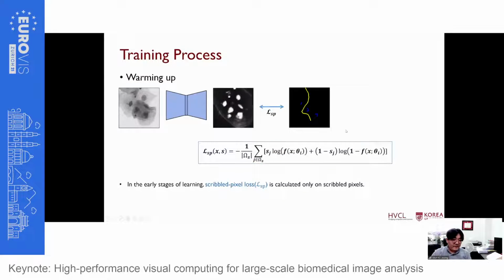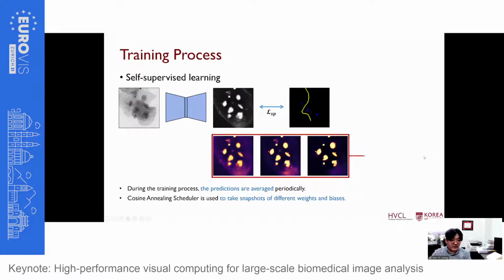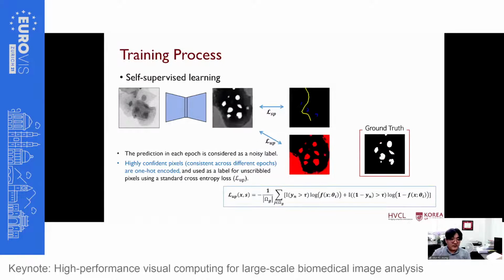In the warming-up phase, we have input scribbles and train with cross entropy loss. Then, using this, we generate a pseudo label, where the red part is low probability and the white part is high probability. We only pick the higher probability pixels and use them as the pseudo label to train the network.